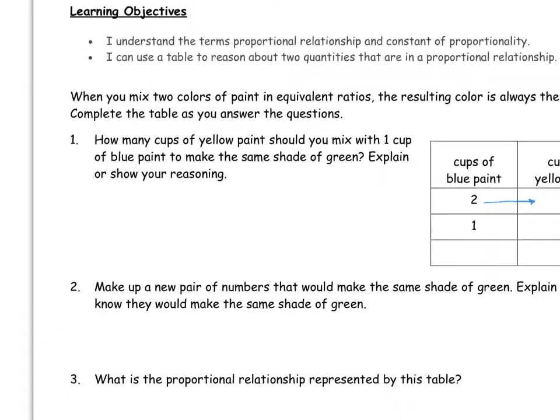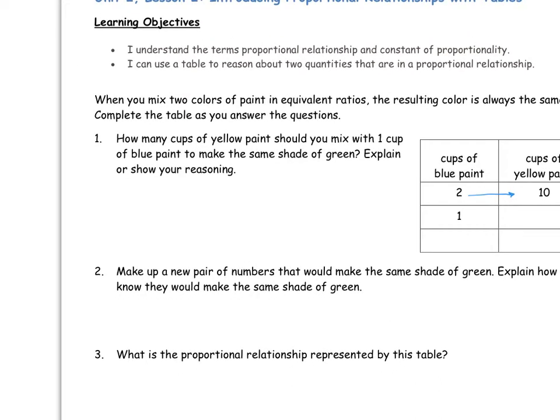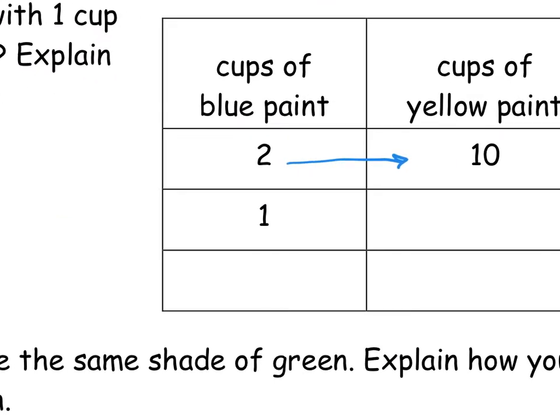In the activities we talked about how to figure out what to multiply the first column by: you can set up the ratio of the second column to the first column. So that ratio would be 10 over 2. When I divide that, I get 5. That means my constant of proportionality is 5, so I'm going to multiply by 5.